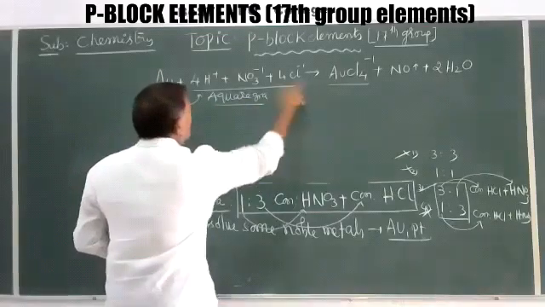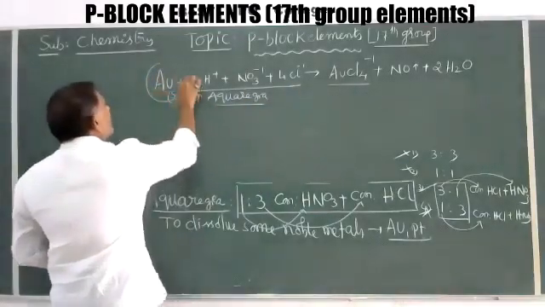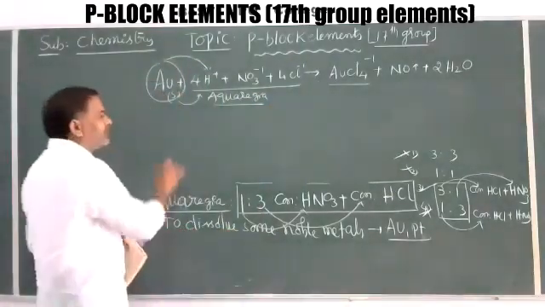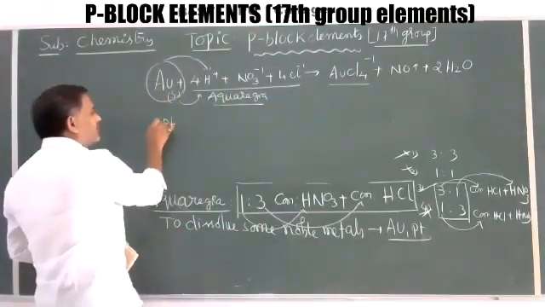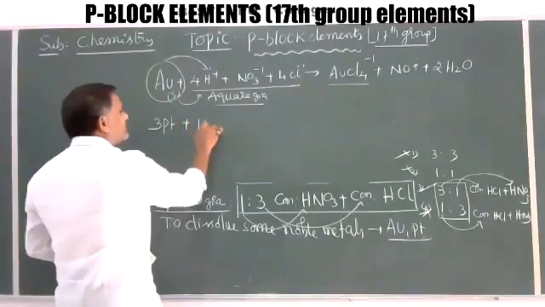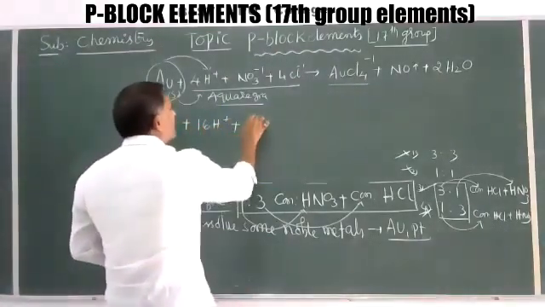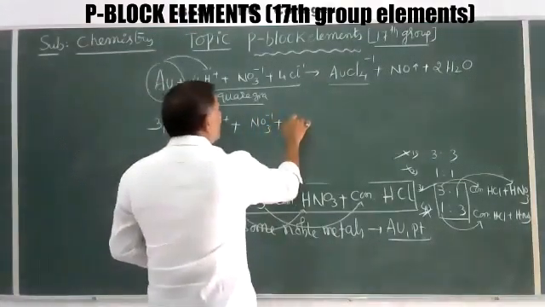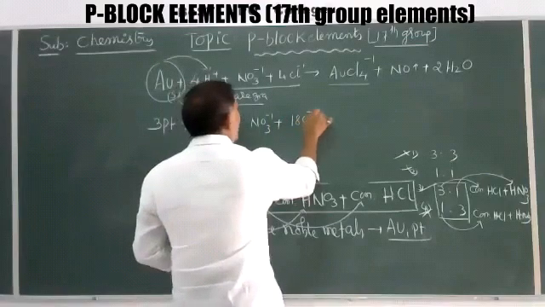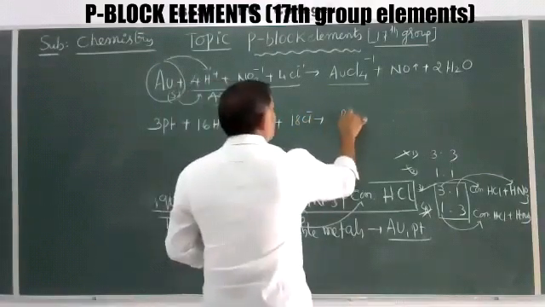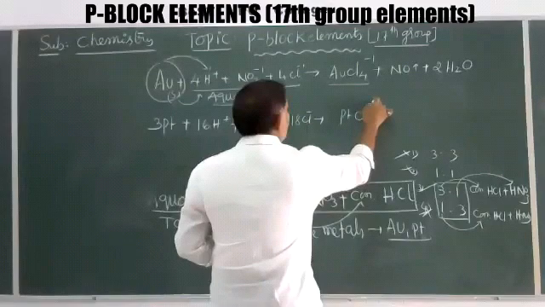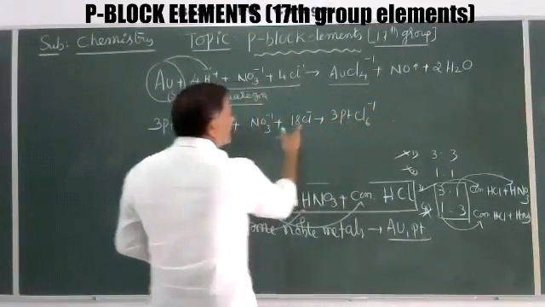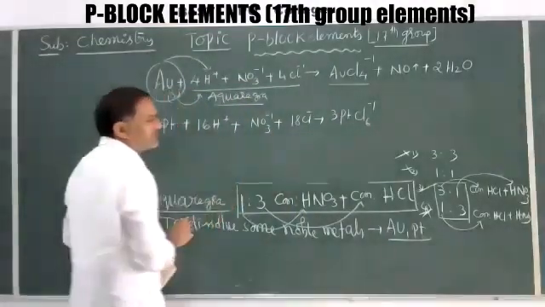Now this is solid gold dissolved in this aqua regia. Then it forms corresponding salts. Similarly, platinum, 3 moles react with 16H+, NO3-, plus here 18Cl-, it gives PtCl6 2-, here the 3 moles. 3 times 6 is 18, that's why 18Cl balance.